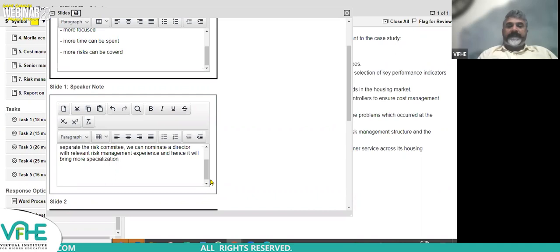Basit, good answer. Tanveer, what the hell are you saying? Looking at the mission, is this your statement of fact? Good, Aarti.